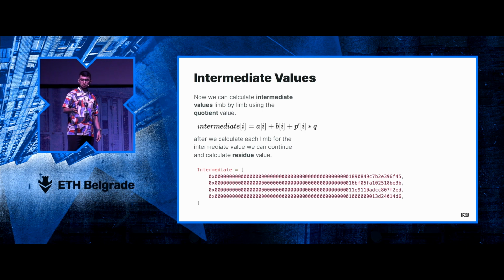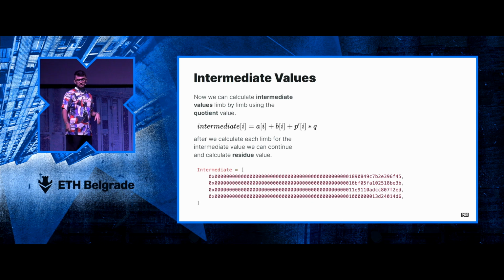We calculate this for each limb, and it's a strange way: we are using the negative modulus inside the native field, using the binary field inside the negative wrong field, and multiplying with the quotient, and we are calculating these intermediate values.